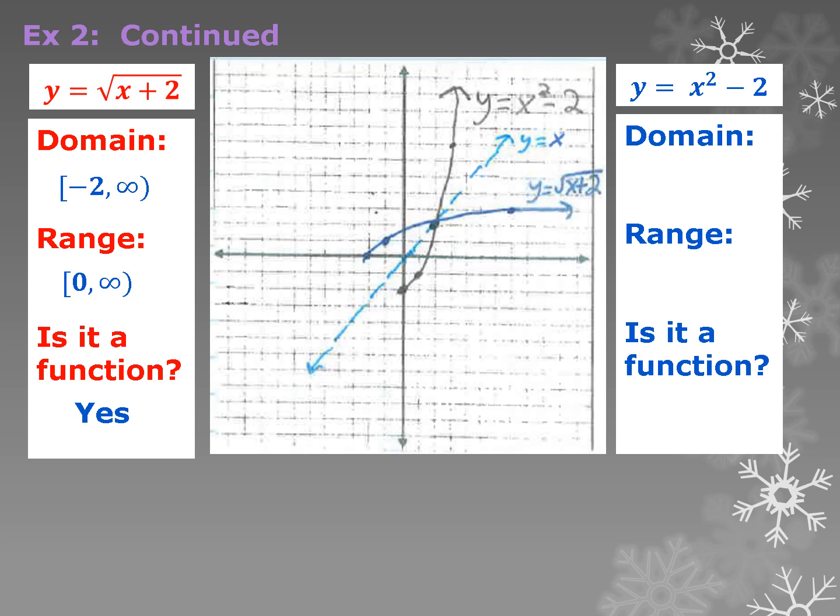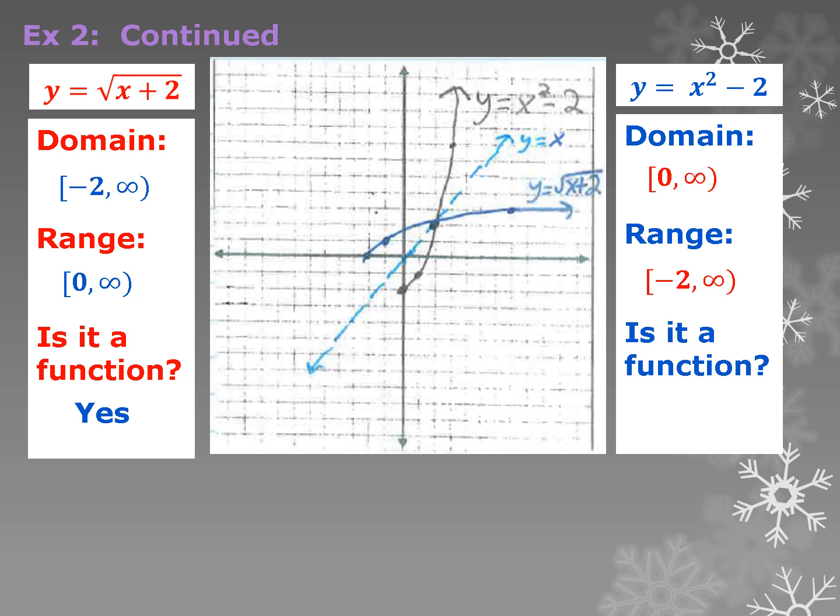The domain of the inverse is 0 to infinity. And we look, and that matches the range of the original. The range of the inverse is -2 to infinity. And if we look, that matches the domain of the original.